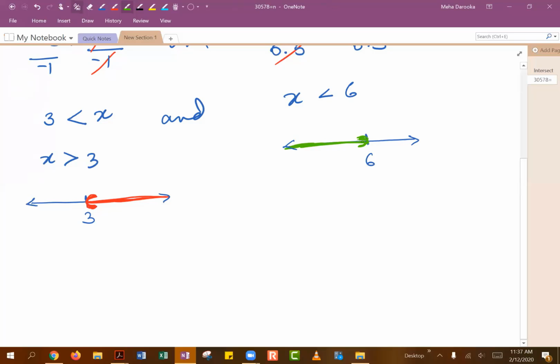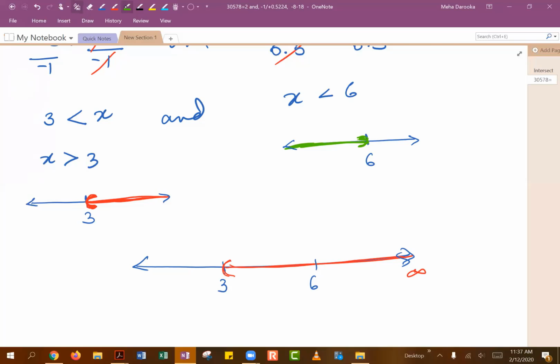Okay. Now the idea is this is a compound inequality, which means we actually have to combine this into one single solution. So if you look at these numbers, we've got 3, we've got 6. From one side, we are saying x is greater than 3, which means it will keep going here towards positive infinity. The other inequality is telling us x is less than 6, which is going in this direction towards negative infinity.